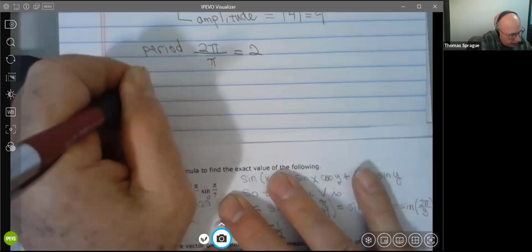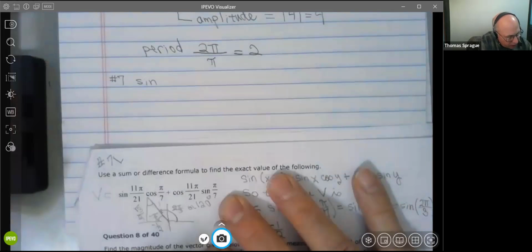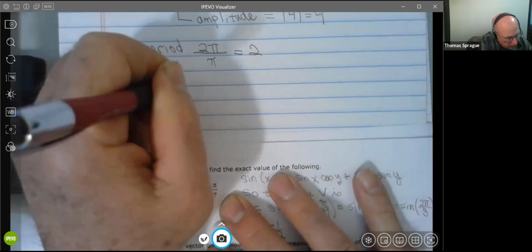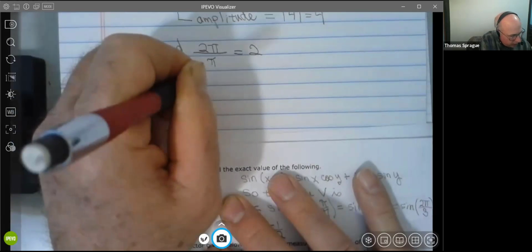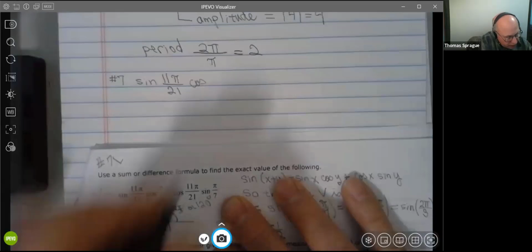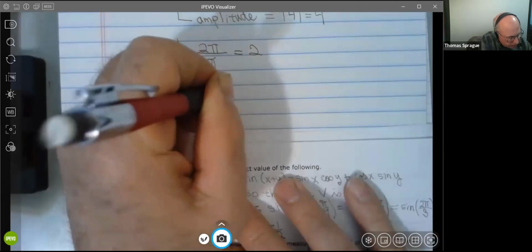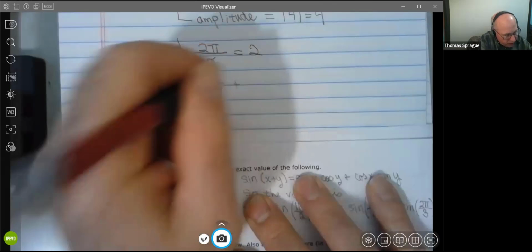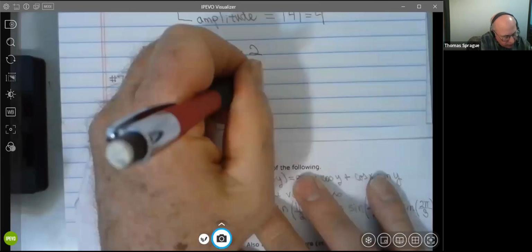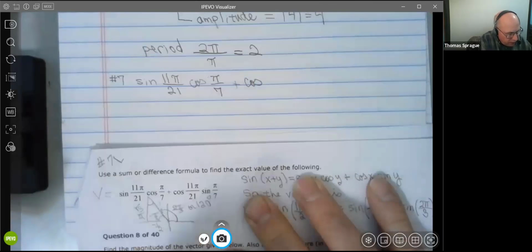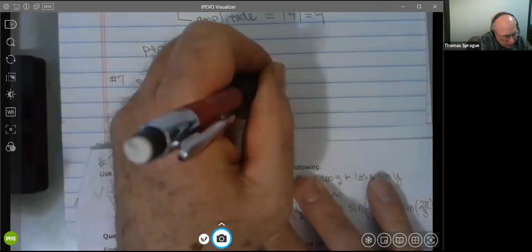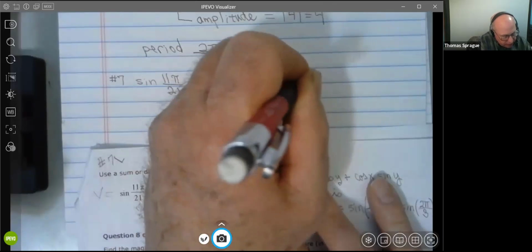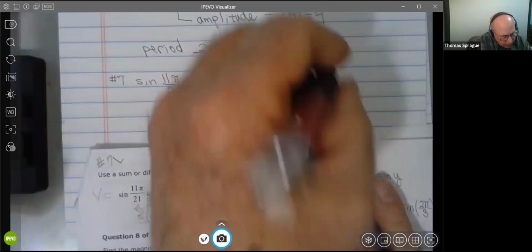The expression is the sine of 11 pi over 21 times the cosine of pi over 7 plus the cosine of 11 pi over 21 times the sine of pi over 7.